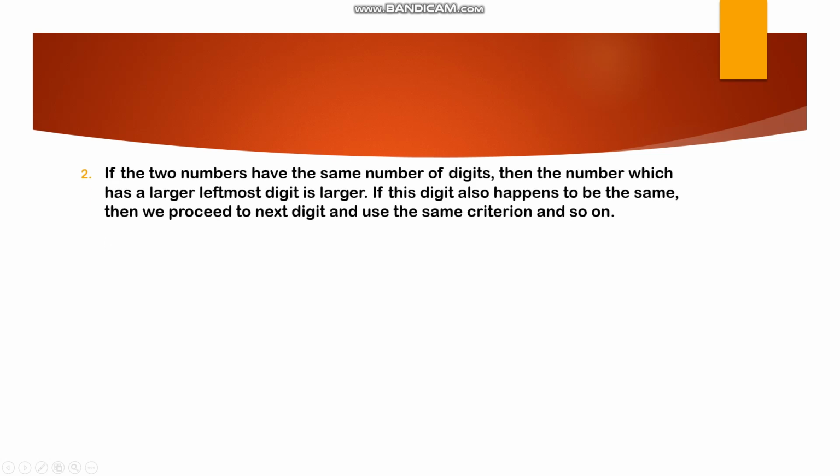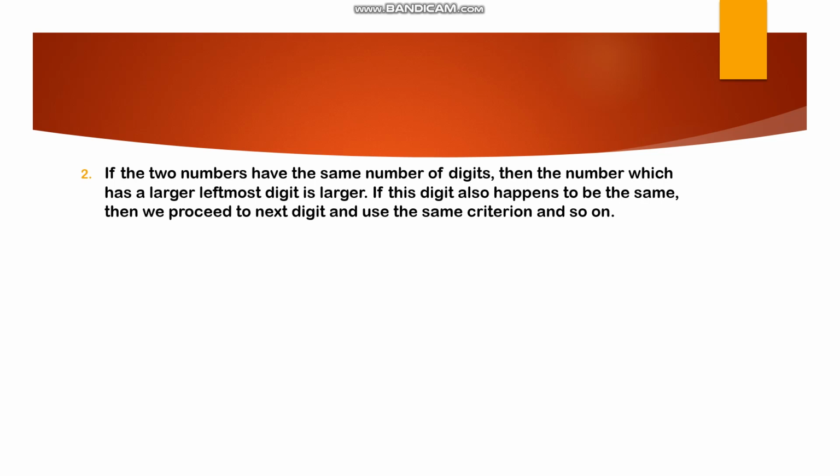Suppose the two numbers have the same number of digits, then the number which has a larger leftmost digit is larger. If I am giving you the numbers 32 and 72, here these two numbers are two digit numbers, isn't it?